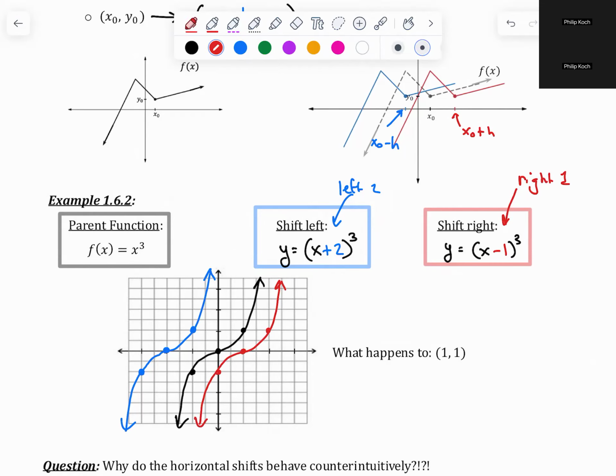For the shift right, the point 1, 1 went to 1 plus 1, 1, so that's 2, 1. Whereas the shift left 2 changed the x coordinate to 1 minus 2, 1, which was -1, 1.